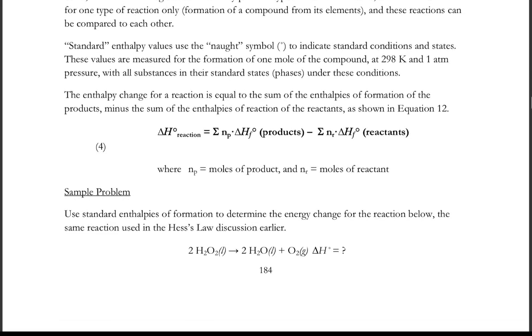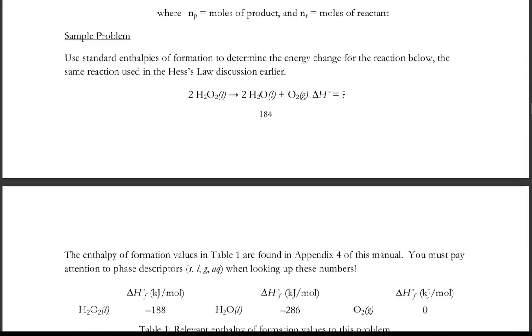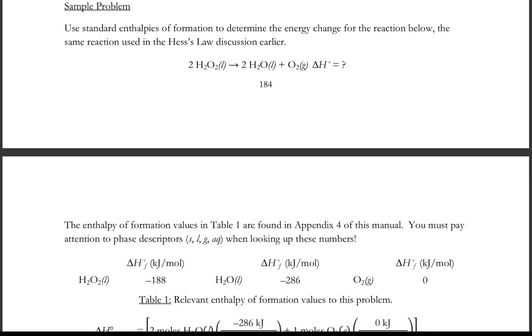Okay, so we'll apply that to this reaction here. We're working with the same reaction that we worked with above. 2H2O2 liquid forming 2H2O liquid plus O2 gas. So we're after the delta H using this method. So we would look up the values for the delta H of formation of H2O2 liquid and find its value to be negative 188 kilojoules per mole.